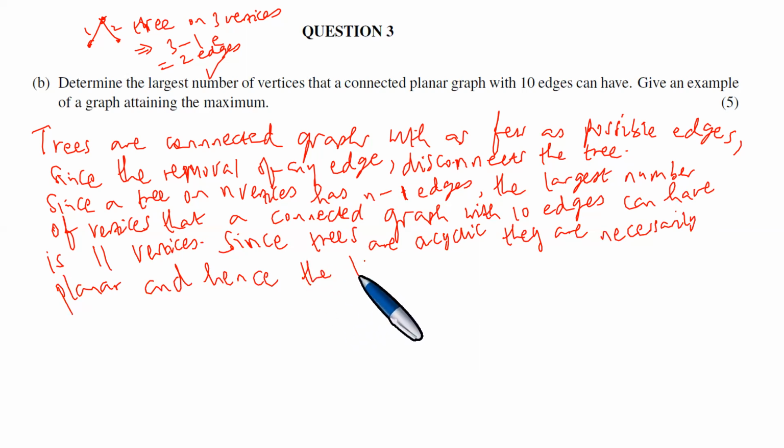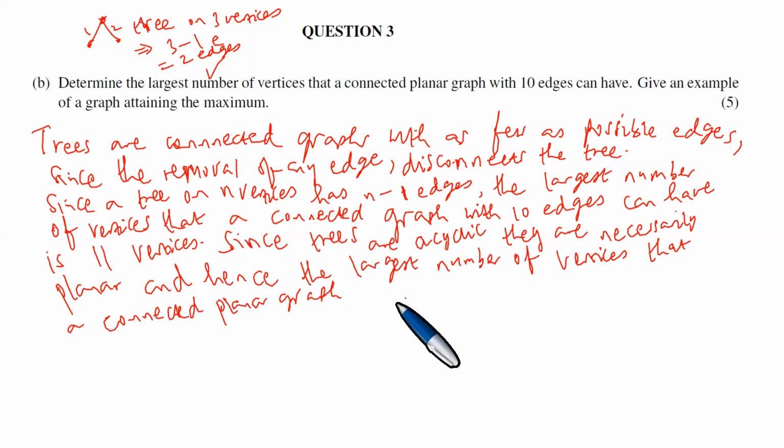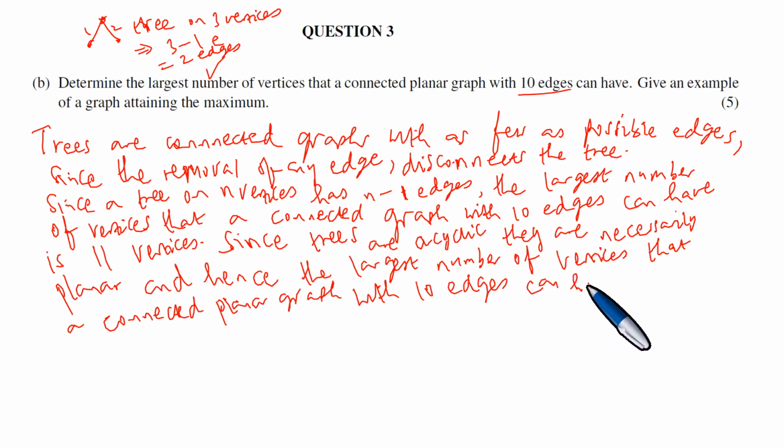the largest number of vertices that are connected in a graph with 10 edges, according to this, that you can have is 11.